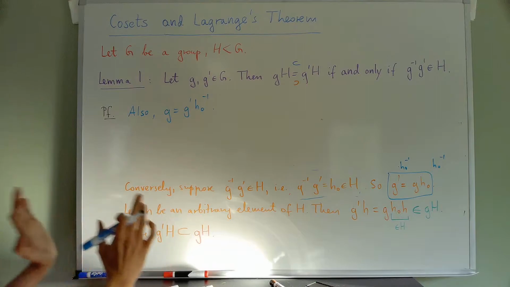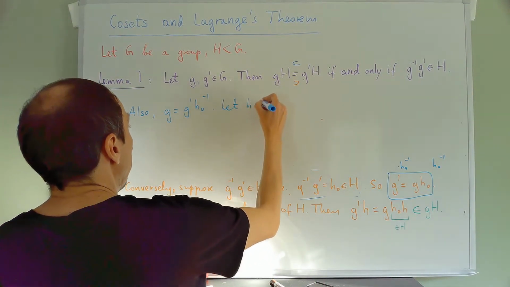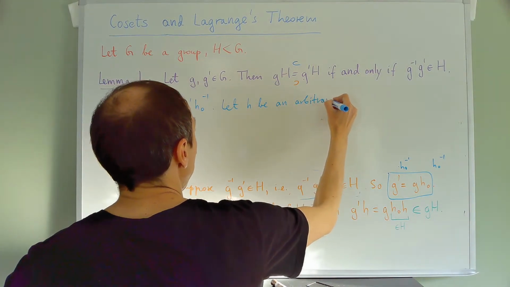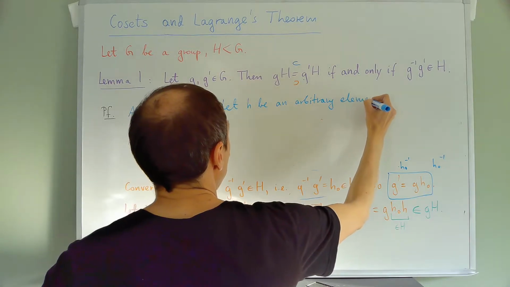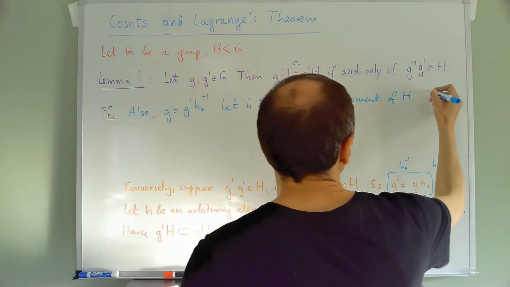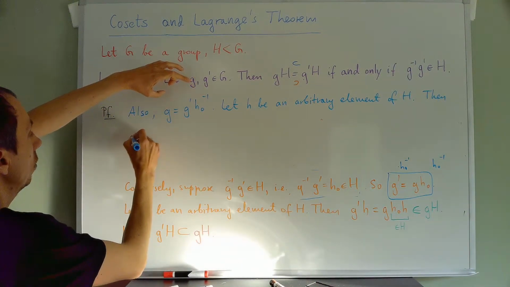Okay, so now I just exactly repeat this last line. I'm just going to rewrite it almost verbatim. So let little h be an arbitrary element of big H. Then I multiply both sides on the right by little h.